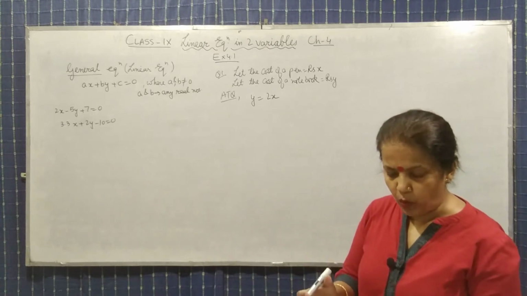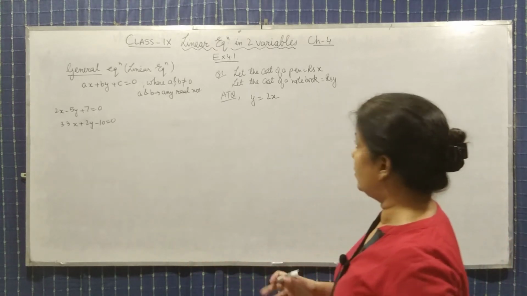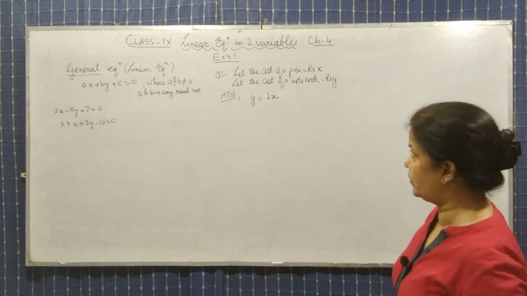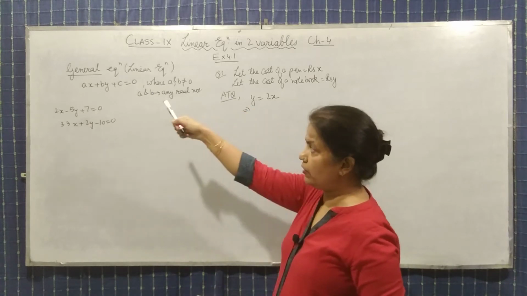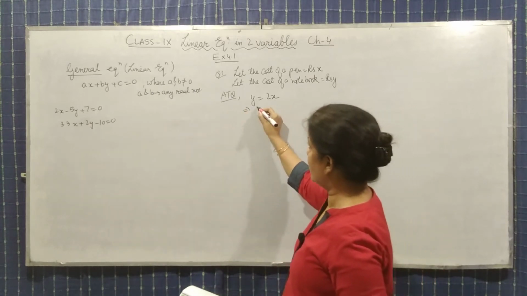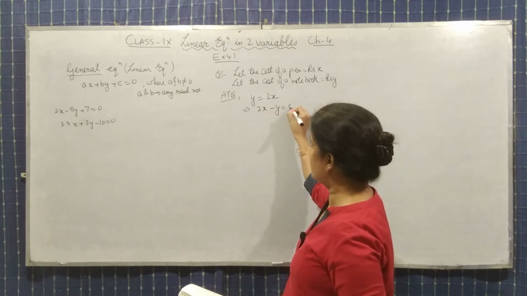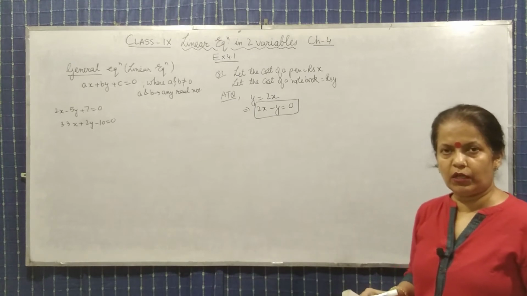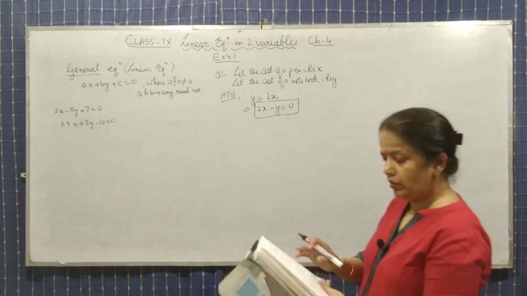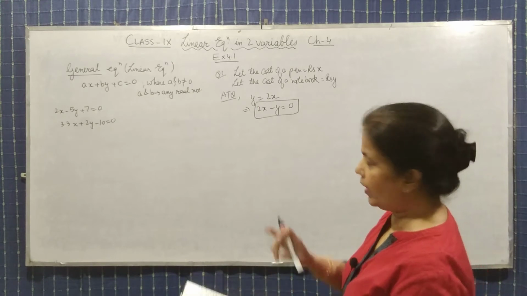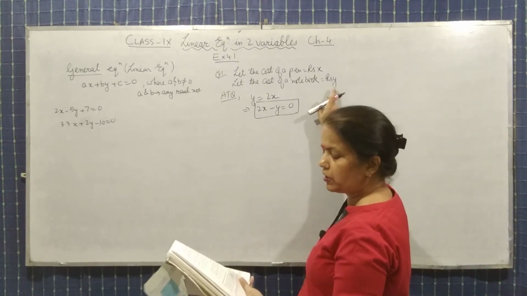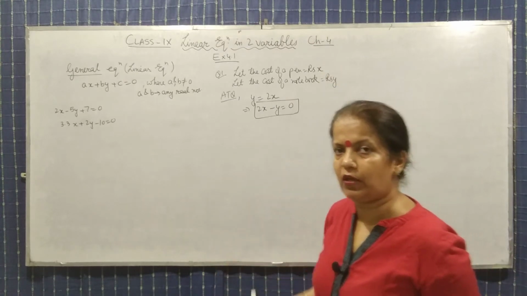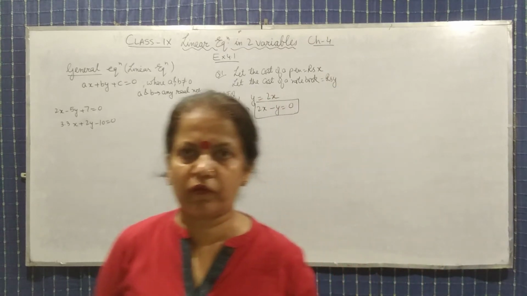Now to convert it into the standard form, or the general equation which we have written, that is ax plus by plus c, it becomes 2x minus y equals 0. So this is the linear equation in two variables. Is it clear? In the question they have given the hint to take the notebook cost as x. You can interchange it too, but in your exam you will not get any type of hint.